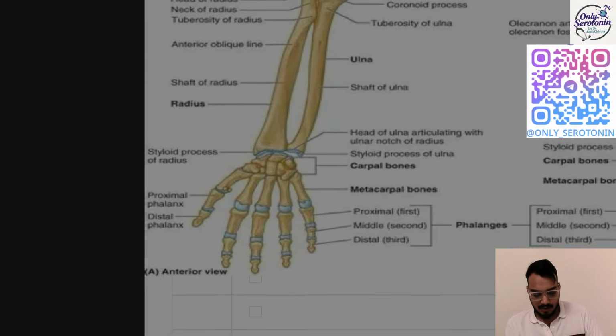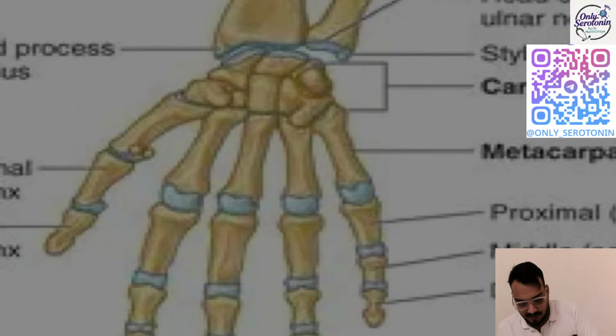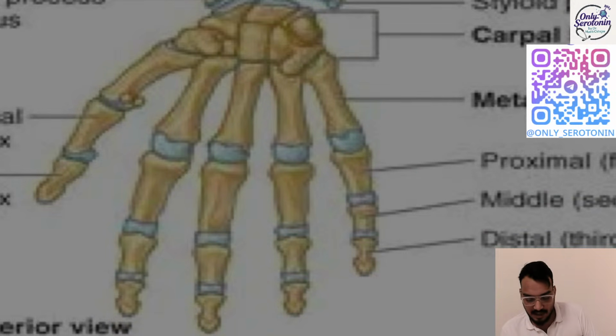Good. Then after the carpal bones, we have metacarpals and then phalanges. Guys, important. Today also I asked one student in my rework session, what are phalanges and how many phalanges do we have? He was confused in this easy question, guys.